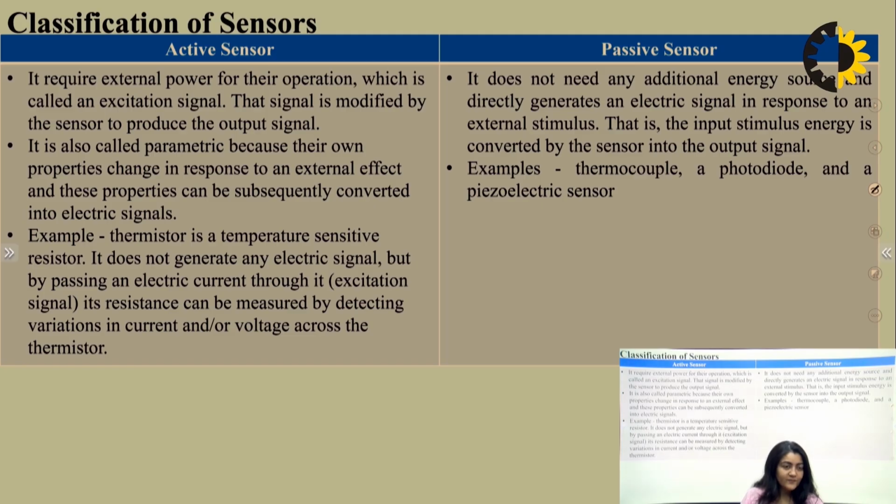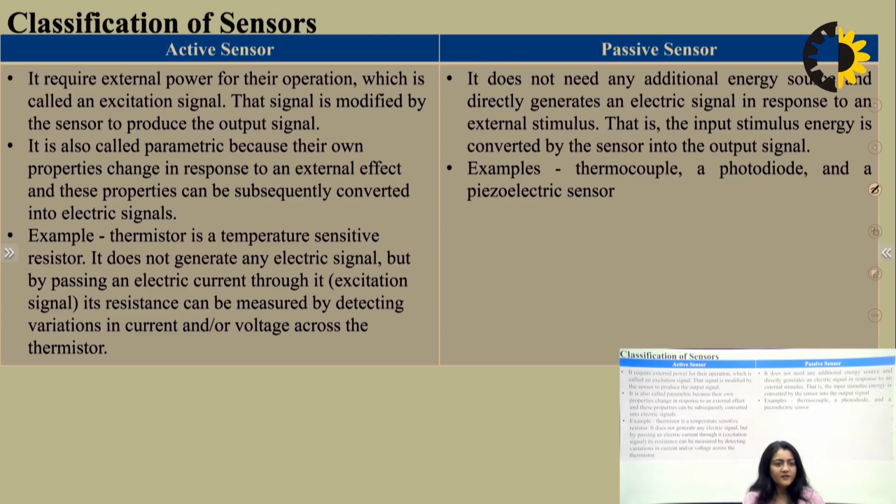Now what are passive sensors? They do not need any additional energy source and directly generate an electric signal in response to an external stimulus. That is, the input stimulus energy is converted by the sensor into the output signal. For example, we have the piezoelectric sensor, which is a great example of a passive sensor. What are piezoelectric sensors?